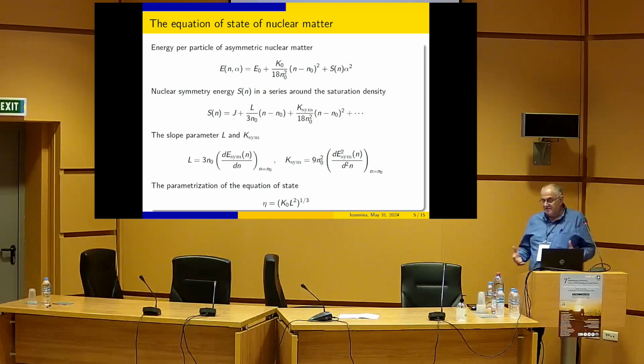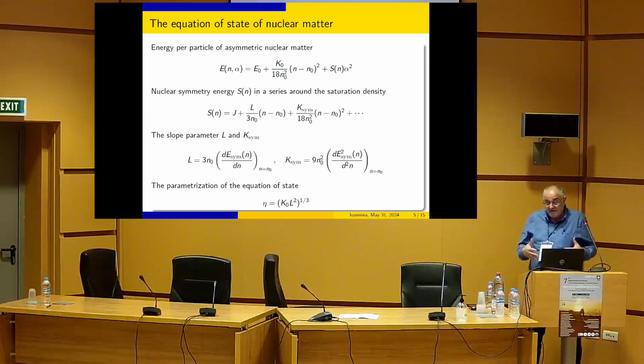Of course, the natural question is: in finite nuclei, the density is very low, up to the saturation density, but in neutron stars the densities are 5 or 6 times the saturation density. How can you use the same functional for both finite nuclei and neutron stars? But we tried, and we see that this functional works nicely in both finite nuclei and neutron stars.